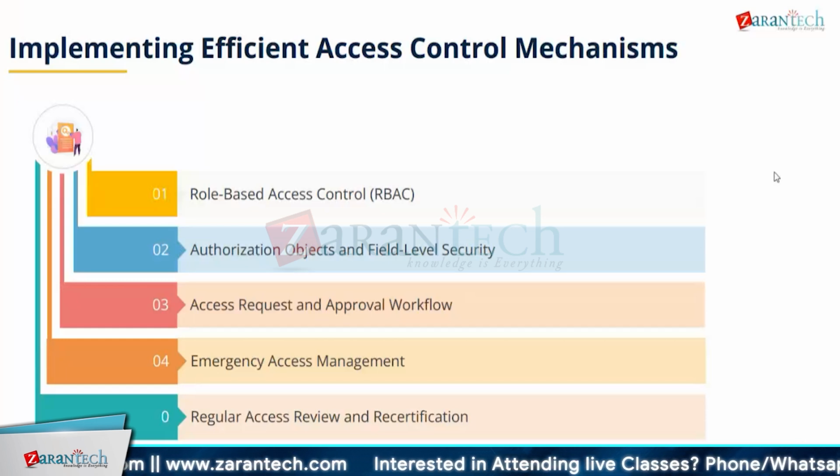Now, coming to emergency access management, I think we talked about this in our previous classes as well. This is nothing but your firefighter access management. We need to make sure that we have an efficient access control mechanism to control that. This also becomes very critical for auditing purposes, because FFIDs are the most vulnerable when it comes to audit.